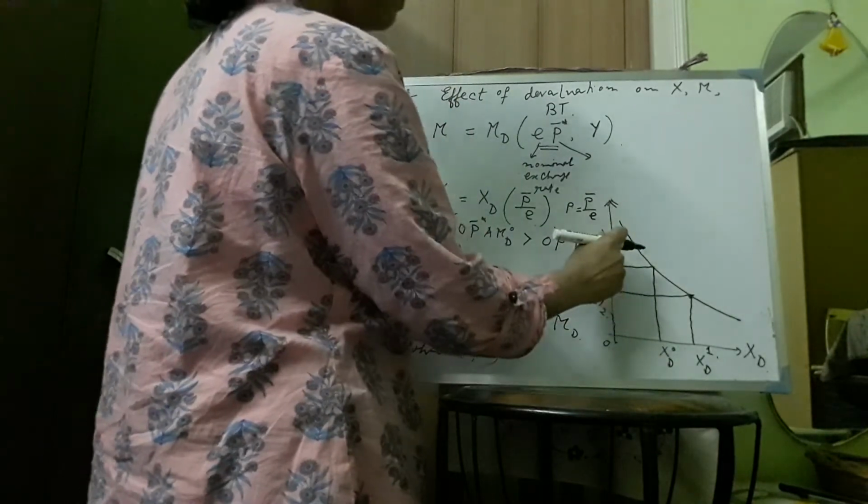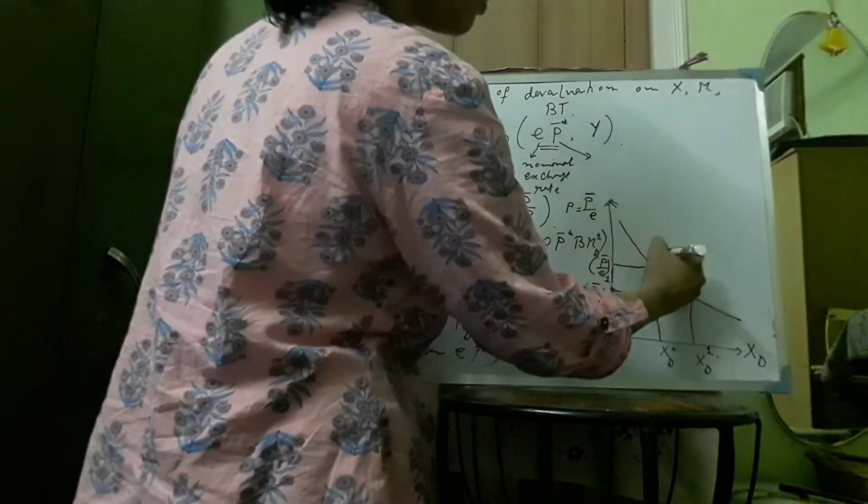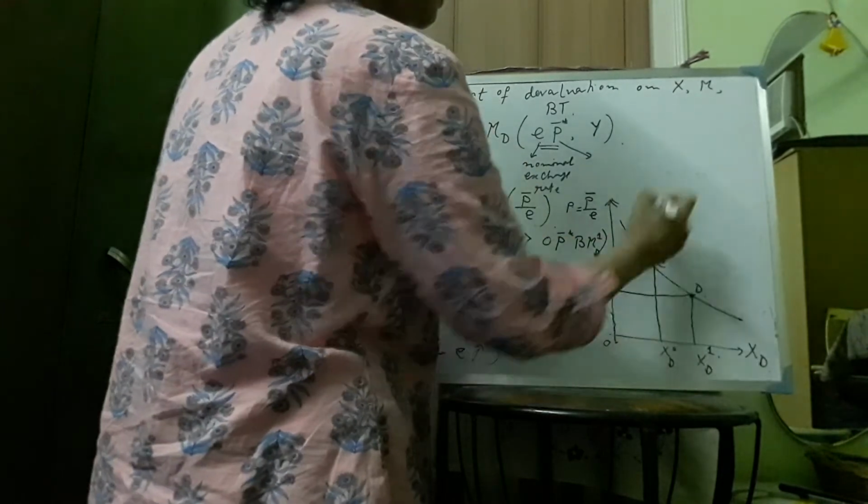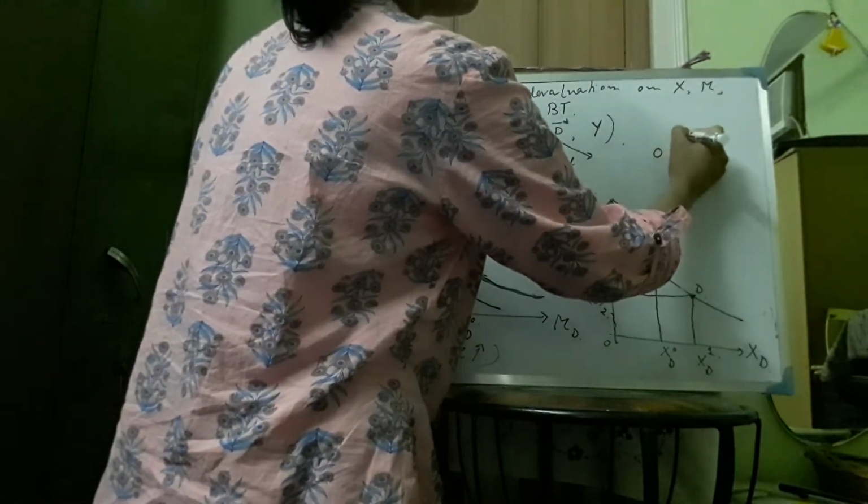Initially, at P bar by E1, the export volume was, suppose these points are denoted by C and D, O P bar by E1 C XD naught, and now O P bar by E2 D XD1.